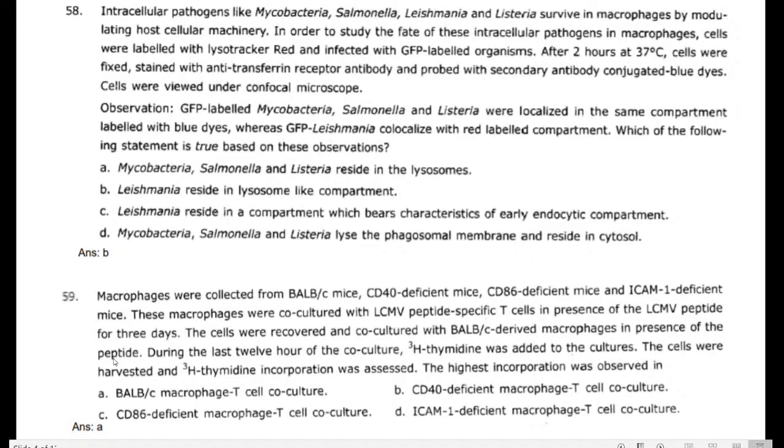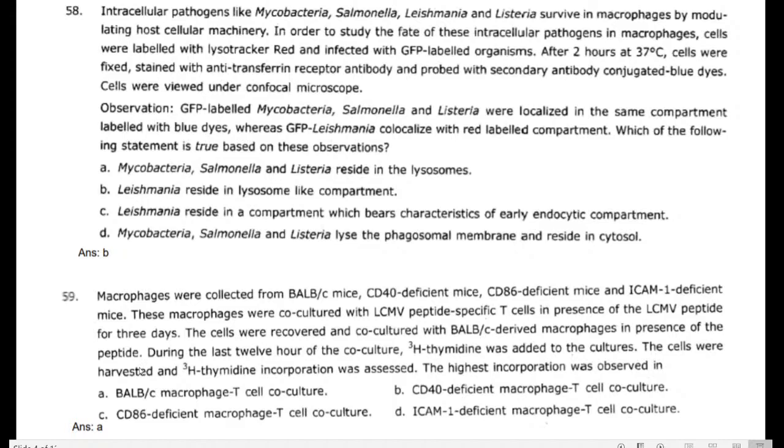First, the macrophage cells are cultured from the mice. After that, they are co-cultured along with the LCME peptide specific T cells for 3 days. After this, the cells were recovered and co-cultured with the BALB/c derived macrophages.